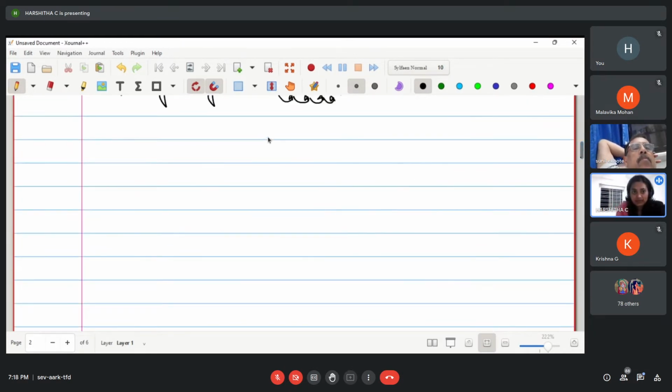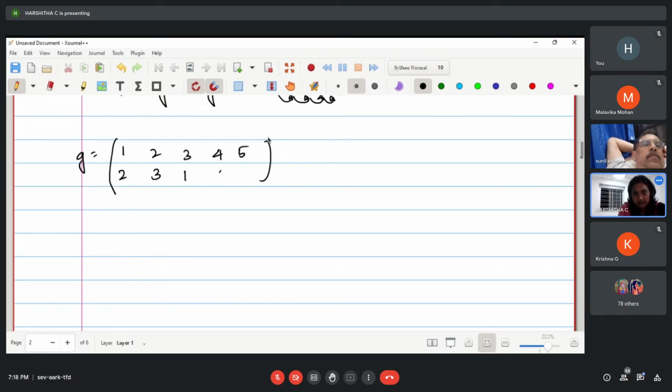Now, suppose we have something else. Let's say 1, 2, 3, 4, 5, and we have this. Let's see what is happening here. 1 is going to 2, 2 is going to 3, and 3 is going to 1.